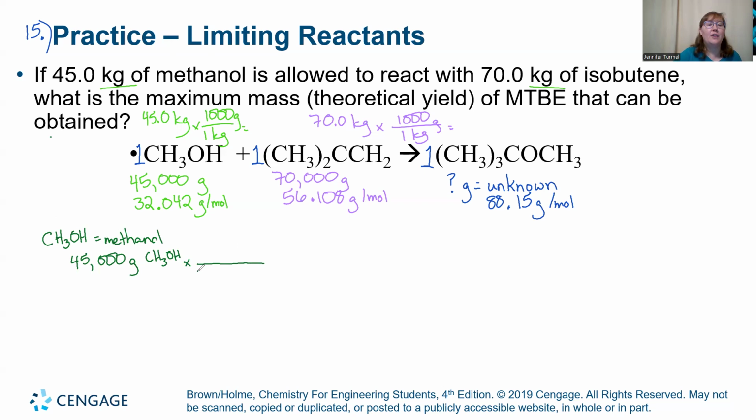And the molar mass for that on the bottom here is 32.042 grams of methanol per mole. Okay. And then we need our mole ratio. And in this case, it's 1:1. So 1 mole CH3OH to 1 mole of our MTBE.